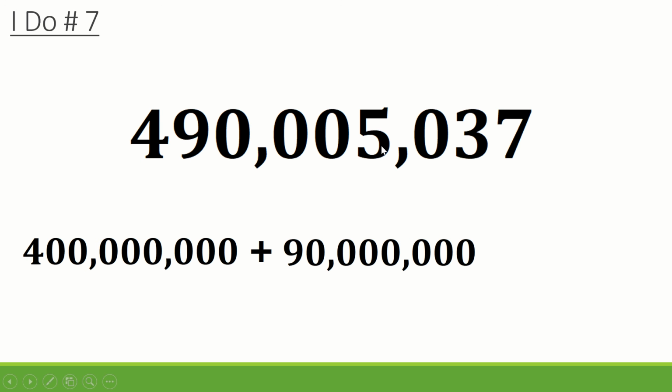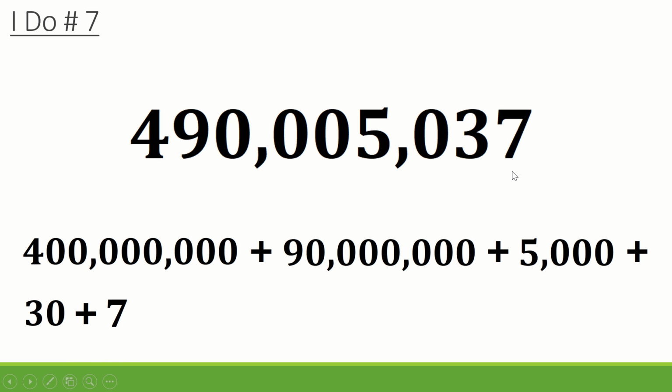And I note that the digit in the thousands place is a 5, so that 5 can be represented as 5,000. Again, I can skip that hundreds place and move into my tens place, which has a 3, and so that 3 can be represented as 30. And finally, 7 in the ones place, and that 7 ones can be represented as 7.